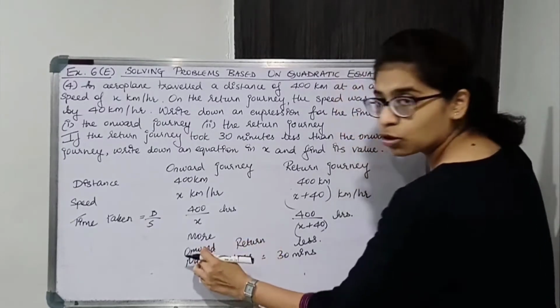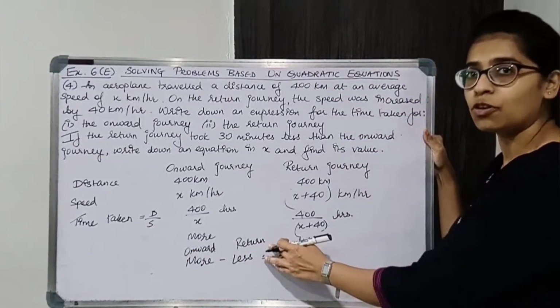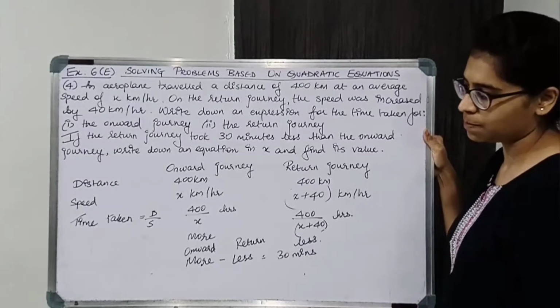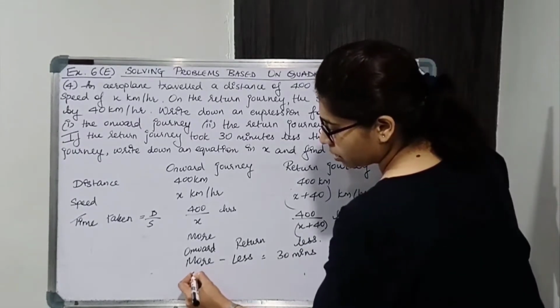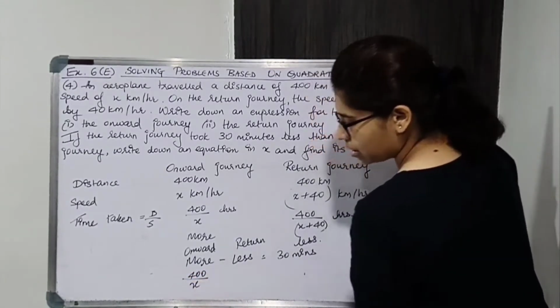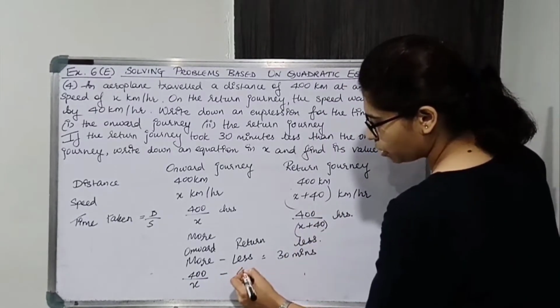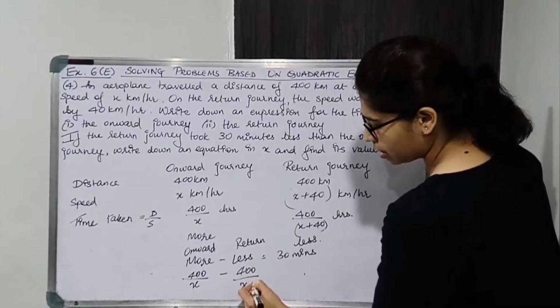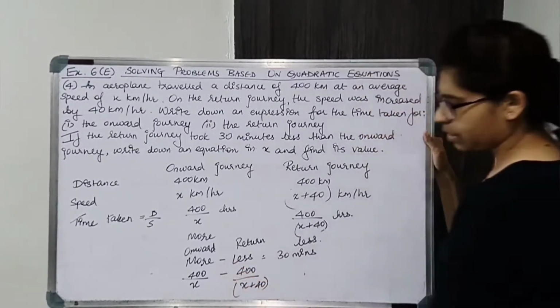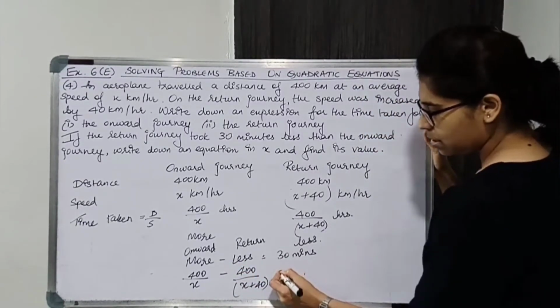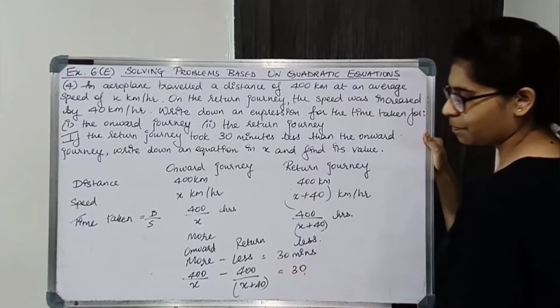So time taken in the onward journey minus time taken for the return journey is equal to 30 minutes. Now this will be 400 upon x, time taken for onward. Time taken for return is 400 upon x plus 40. This is equal to 30 minutes.